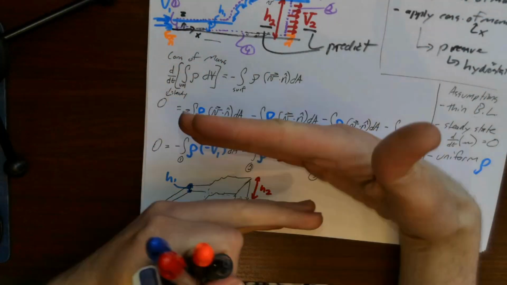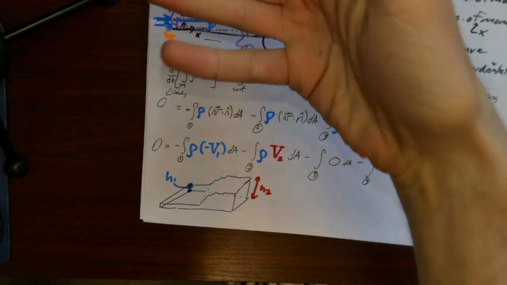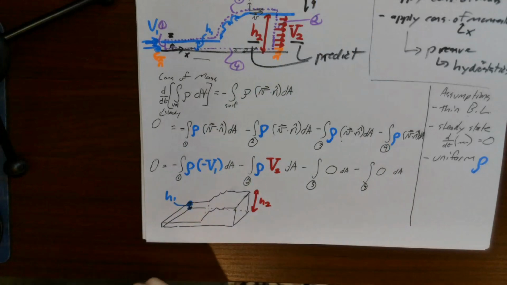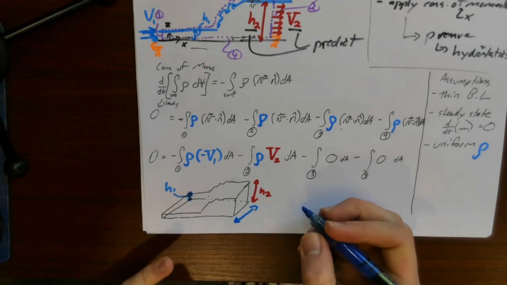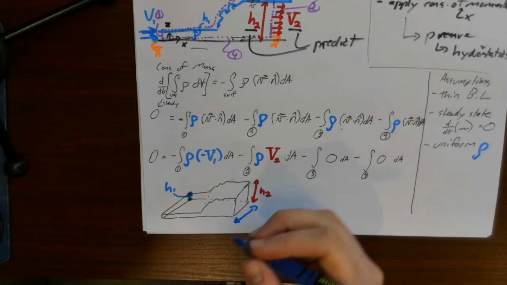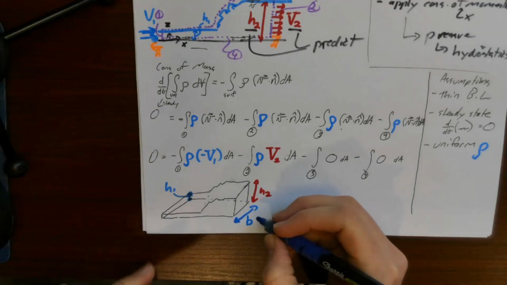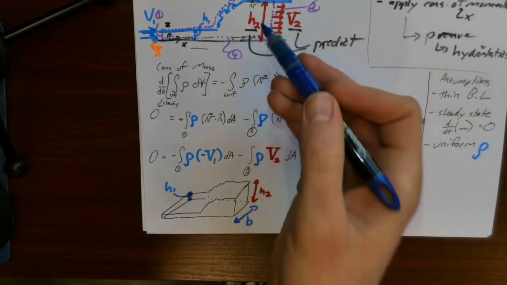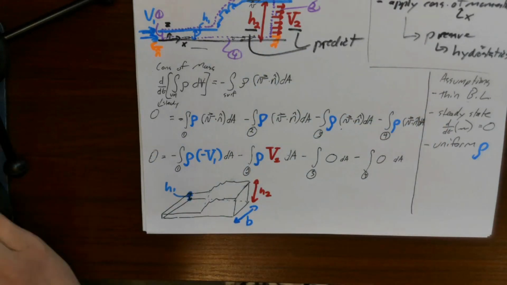So let's imagine that this system has some width into the page, and let's just call it B. There we have it.